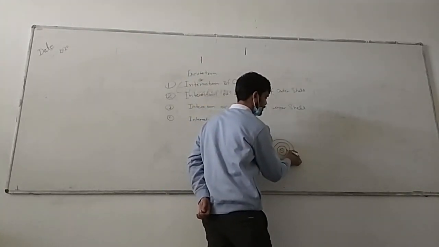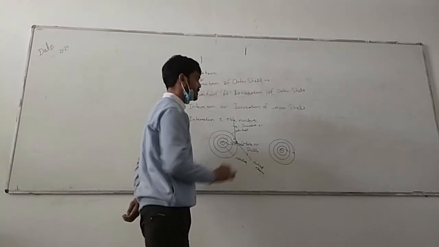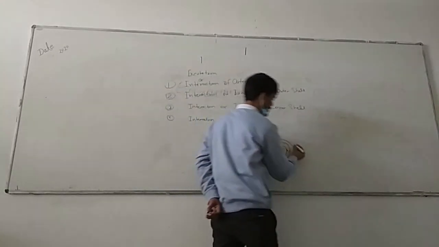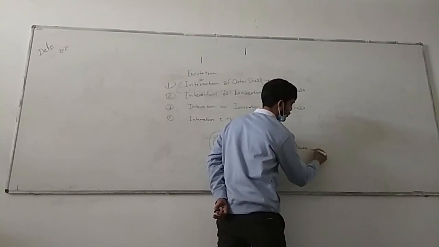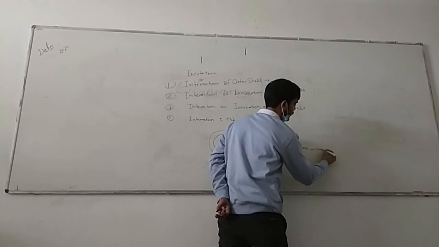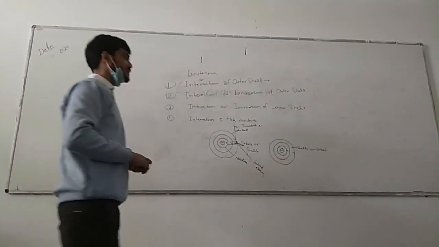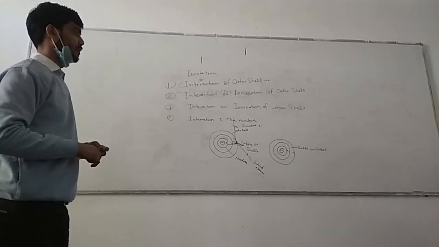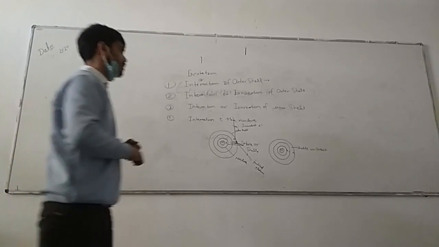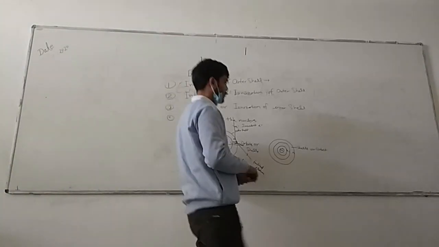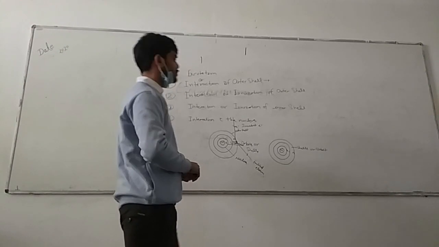These are the cells K, L, M. This is the nucleus, and these are cells or orbits. So you can see in the diagram, it shows an atomic structure, cells and nucleus.